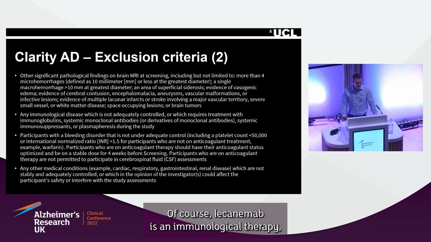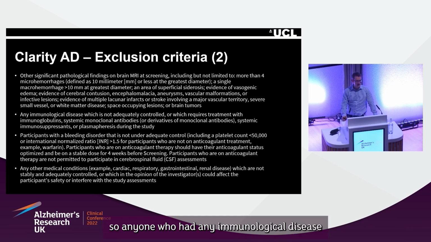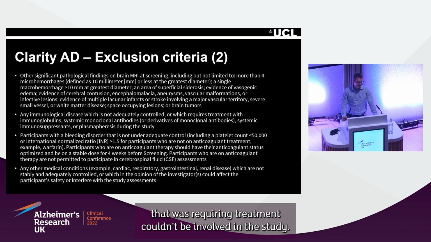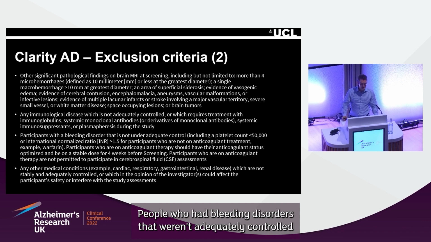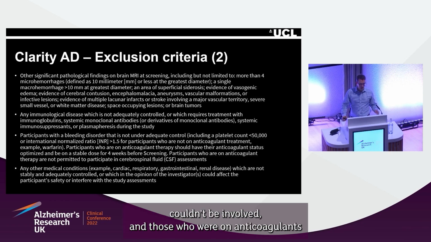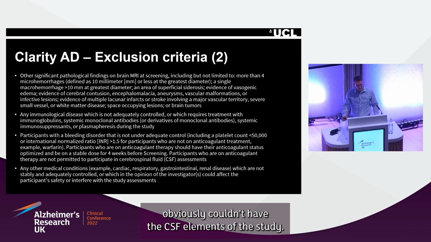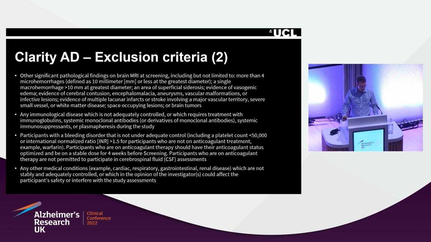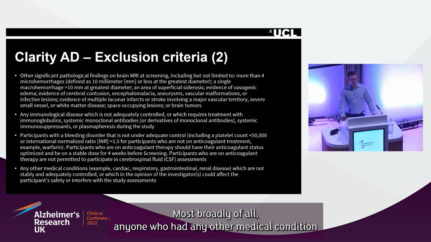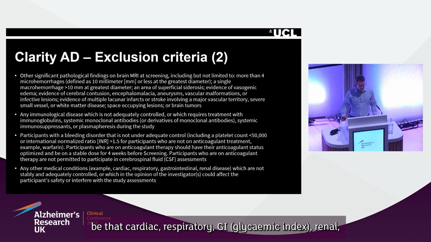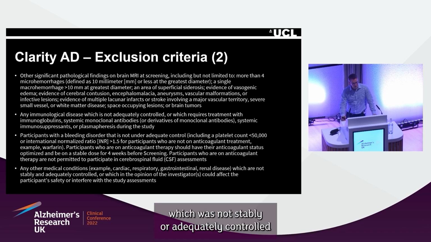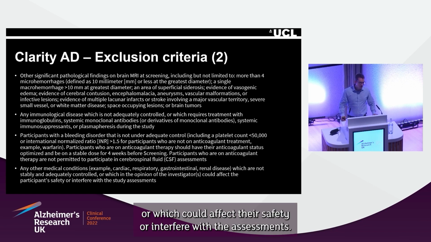Of course, lecanemab is an immunological therapy, so anyone that had any immunological disease that was requiring treatment couldn't be involved in the study. People who had bleeding disorders that weren't adequately controlled couldn't be involved, and those who were on anticoagulants obviously couldn't have the CSF elements of the study. And most broadly of all, anyone who had any other medical condition, be that cardiac, respiratory, GI, renal, which was not stably or adequately controlled, or which could affect their safety or interfere with the assessments.